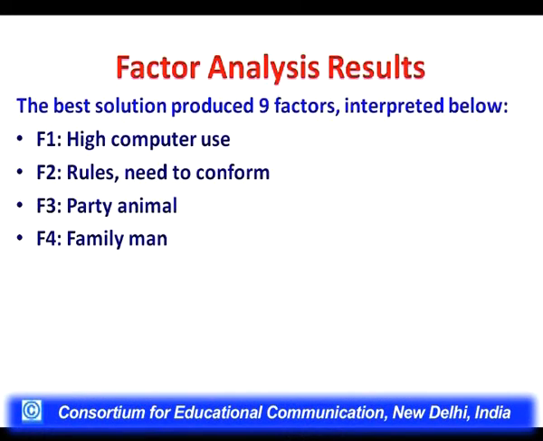When we conducted SPSS, these were converted to 9 factors only, because variables were grouped together forming different factors, and then we have named these factors according to the variables they include. Factor 1 we have named high computer use. Factor 2, rules need to conform. Factor 3, party animal, and F4 means factor 4, family man.